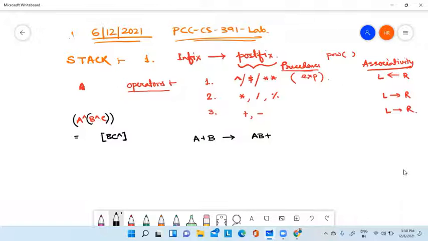Then we have to perform a to the power this part. Let us assume bc^ is x. Then a to the power x gives ax^. Now what is x? x is bc^. So the final result is abc^^, replacing x.